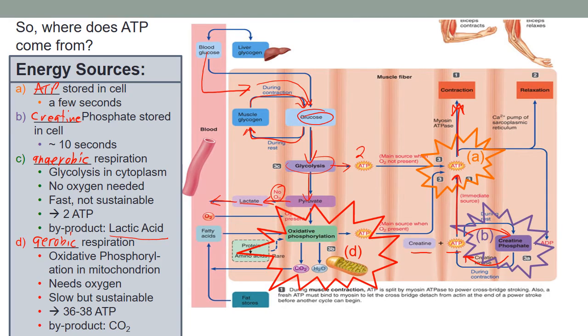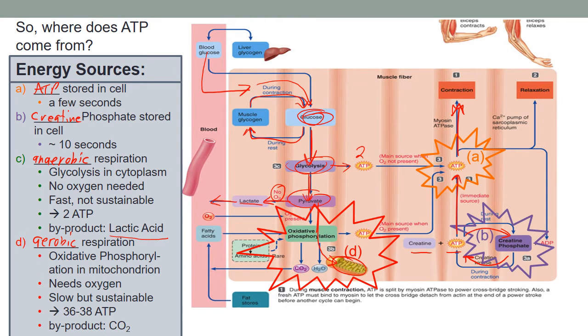Aerobic respiration, you usually start with glucose, going to glycolysis, going to pyruvate, but this time you take pyruvate into the mitochondrion.